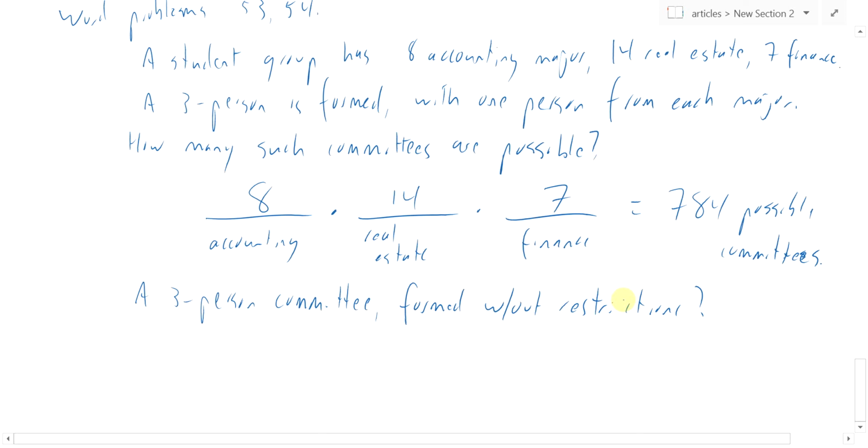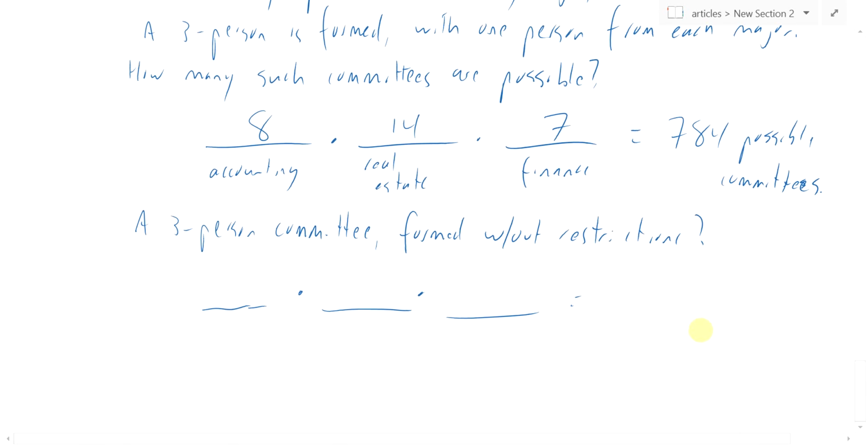Right? So you're not saying there has to be an accounting major and a finance major, it's just 3 people. Well, how many choices do you have? You have to pick the first person, then the second person, then the third person. How many people do we have total? 8 plus 14 is 22, plus 7 is 29 people to choose from.